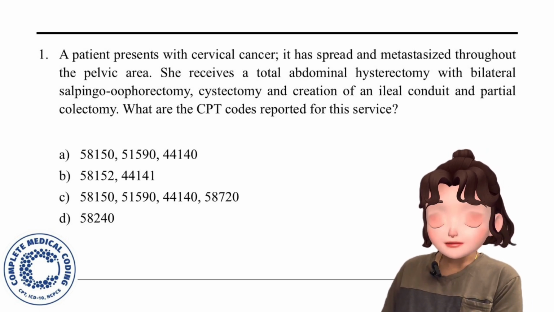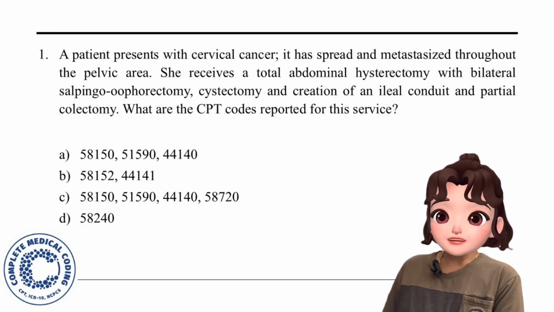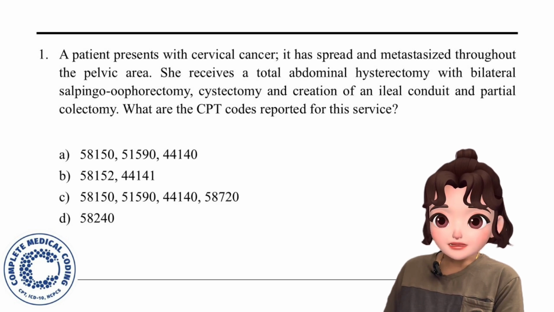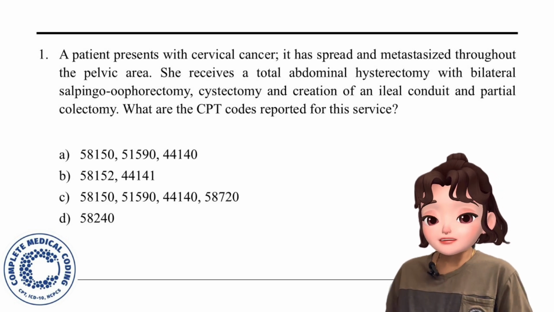Hysterectomy procedure, the first code is 58150. What is 58150? Total abdominal hysterectomy, with or without removal of tubes, with or without removal of ovary. What is 51590?